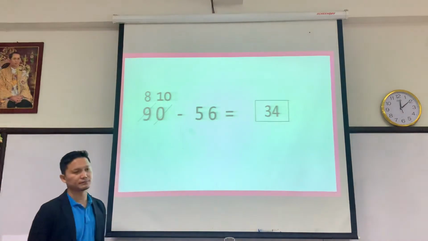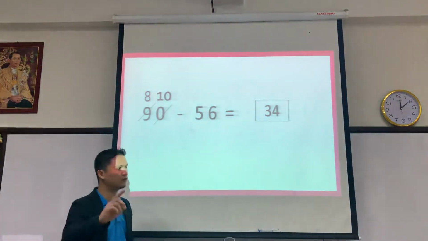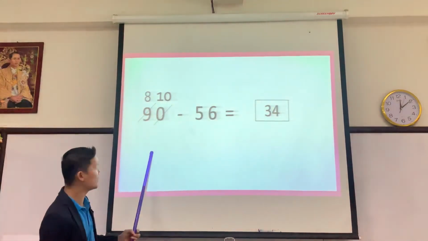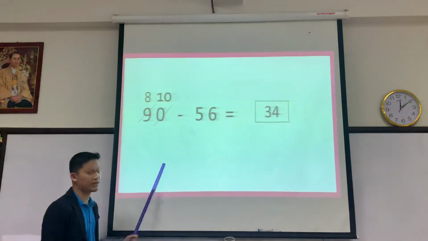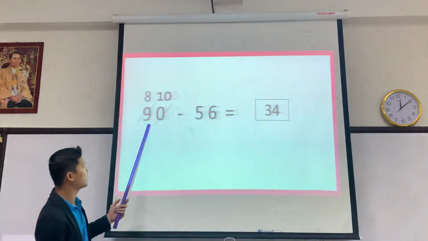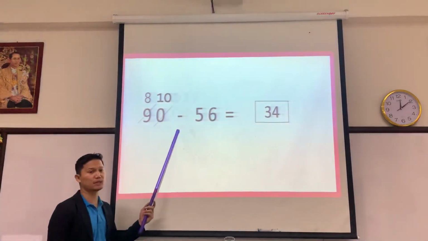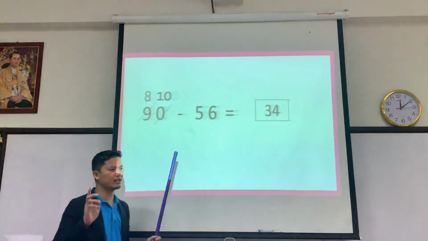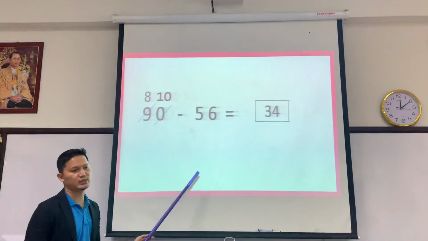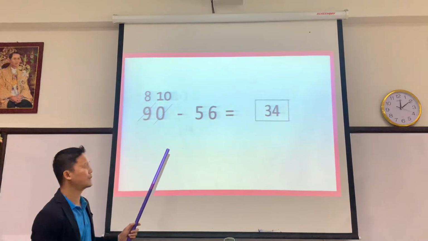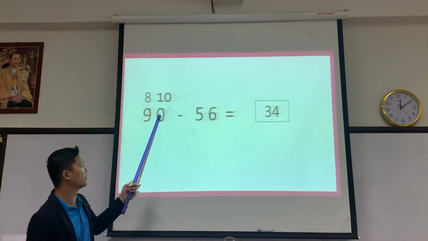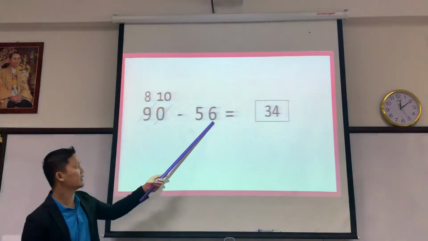Now here is something new for you, because we have a problem that has a 0. For example, 90 minus 56. You have to listen carefully to how we solve this problem. Here the minuend is 0 and our subtrahend is 6.